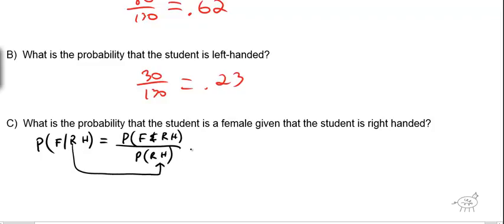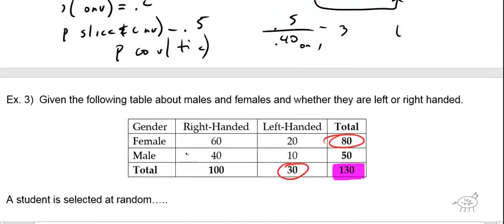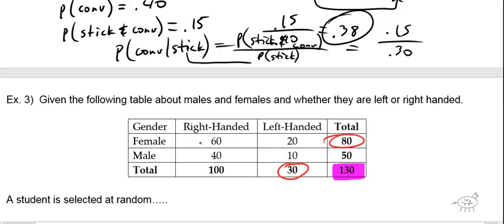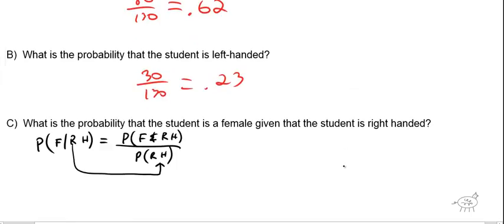Probability of female and right-handed. Now, again, we're talking probabilities, so let's do that. So we have female and right-handed. Do you guys agree it's 60 female right-handed? So actually, let me erase this other stuff here. Okay, so female and right-handed is 60 out of 130. So let's write that in there. It's equal to 60 over 130.